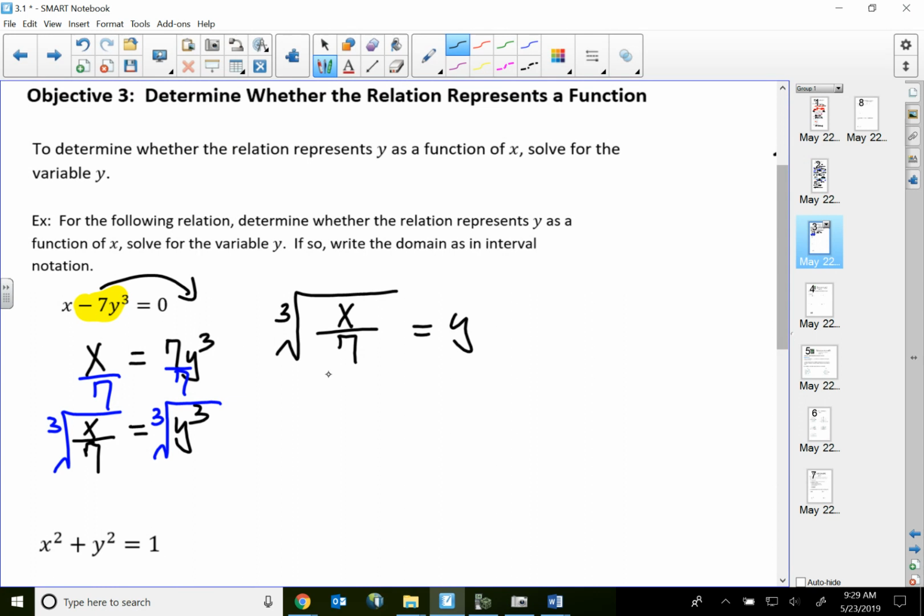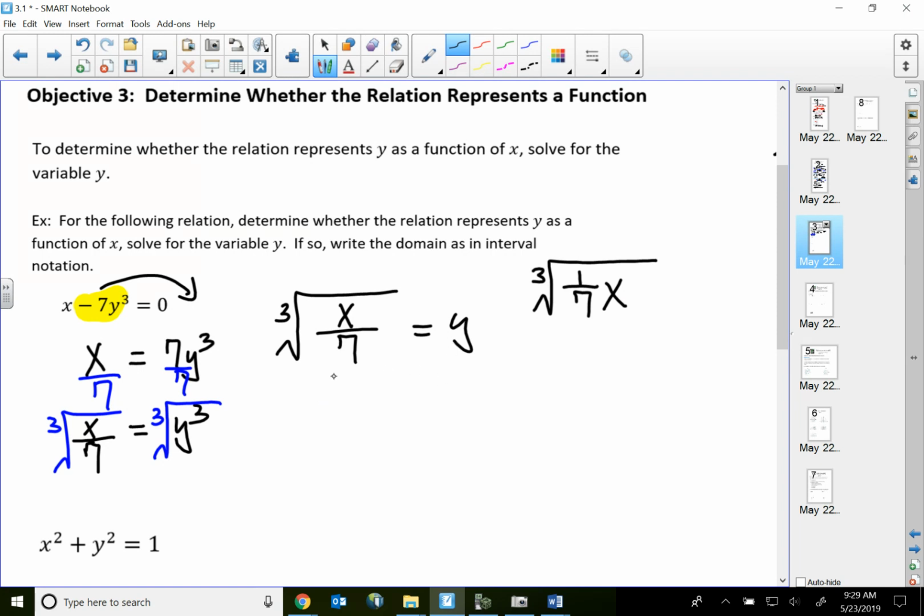So basically I can look at this problem and think about it as the cube root of 1 over 7 times x. If you take away the coefficient of 1 over 7, this is a cube root of x. So this is actually considered a cube root function.